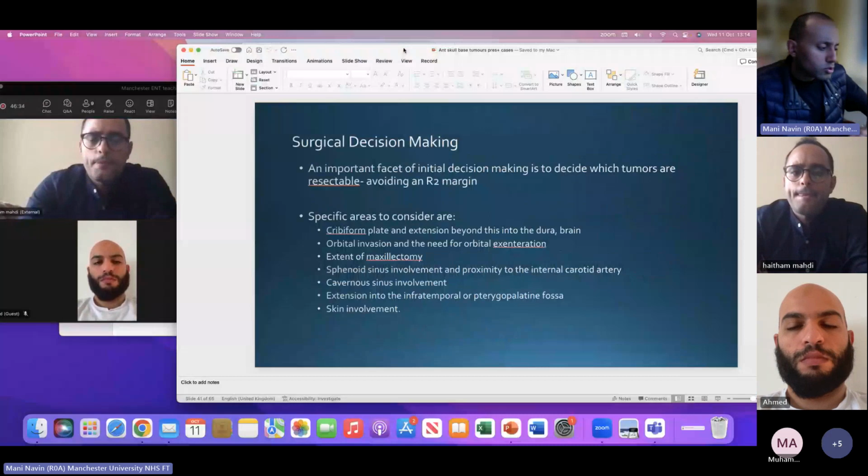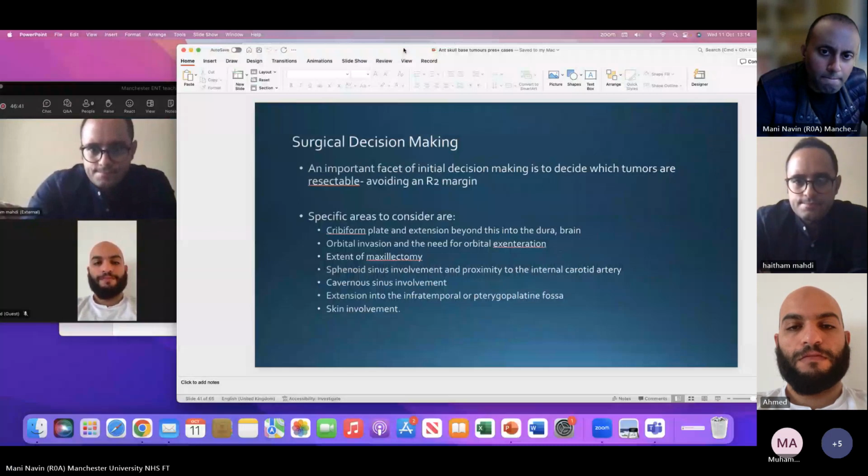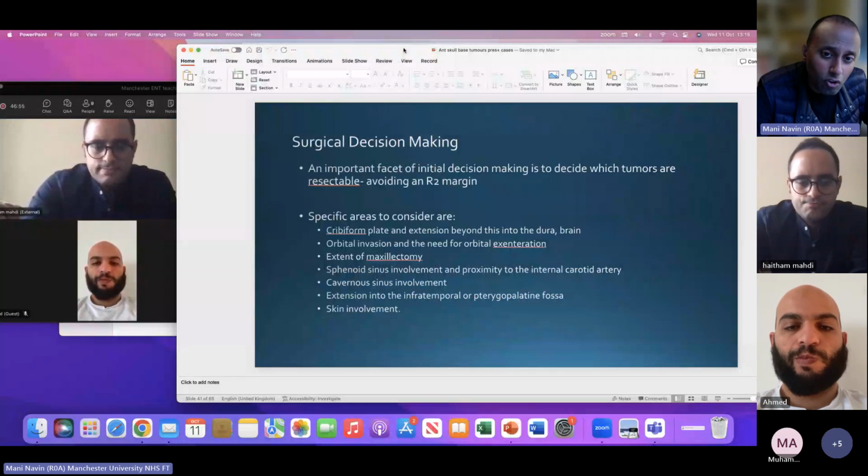So in terms of the actual surgical decision making, you need to think about these specific areas: the cribriform plate and extension through that, orbital invasion and whether you need to do an orbital exenteration, how much maxilla you need to remove, whether it's just medial, total, or palate, sphenoid sinus and how close you are to the ICA, cavernous sinus involvement, infratemporal fossa involvement, and skin involvement.